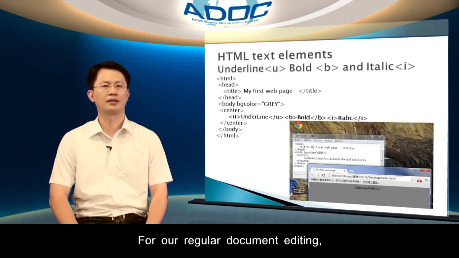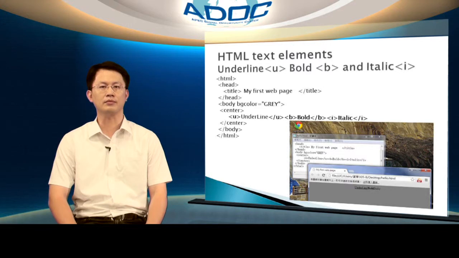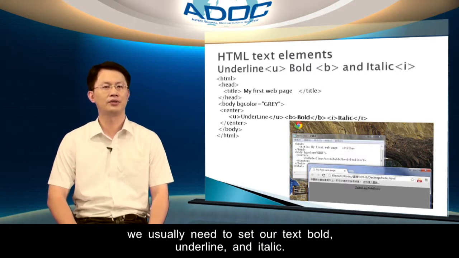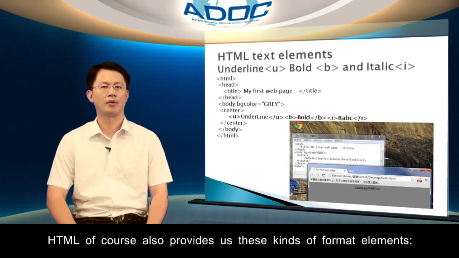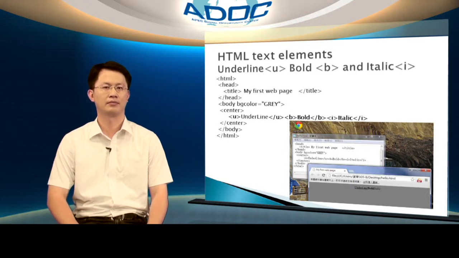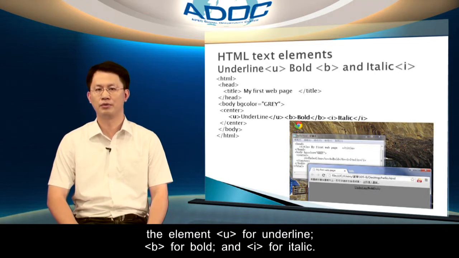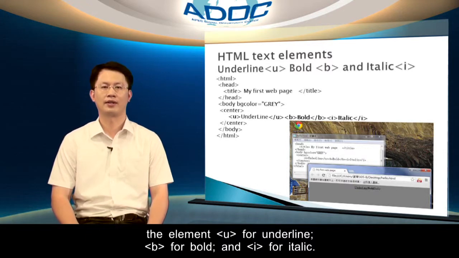For our regular document editing, we usually need to set our text bold, underlined, and italic. HTML of course also provides us with these kinds of format elements: U for underlined, B for bold, and I for italic.